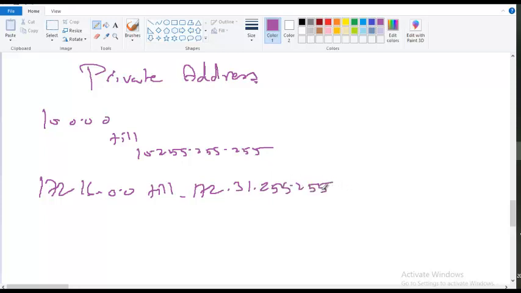This is again another range of private IP address. So we got one private range in class A, another one in class B, and there's another one in class C.